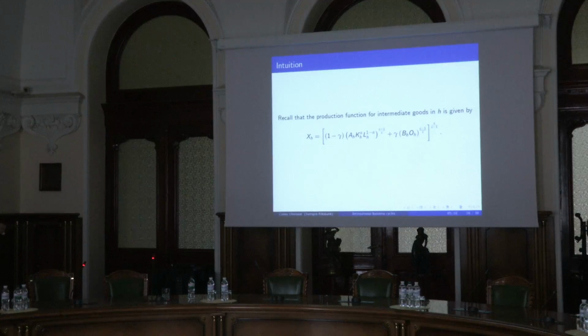So the terms of trade changes. So that means that people in country H are now willing to pay more for the imports. It's a standard effect, because that intermediate good from country F is more scarce now. There is much more of the intermediate good from H available. So that increases the price of intermediate good F.